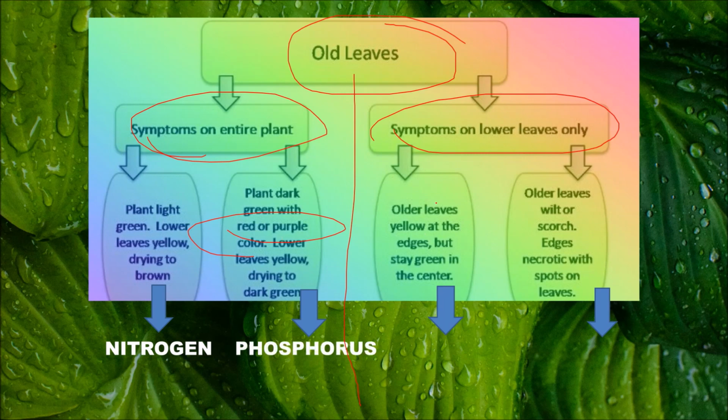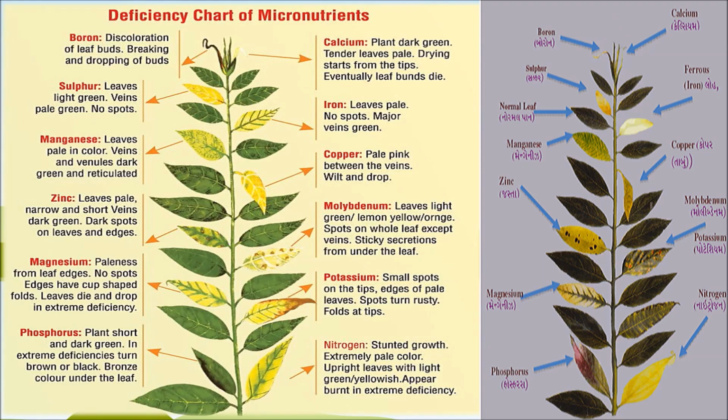If the older leaves are green at the center but the edges are turning light yellow, then the symptom is definitely showing magnesium deficiency. If wilting or scorching is there, then the symptom is relating to potassium. So you should be able to identify what kind of deficiency is there in the plant from the chart, relate it to the nutrient, and then provide the same nutrient so that the deficiency could be cured.